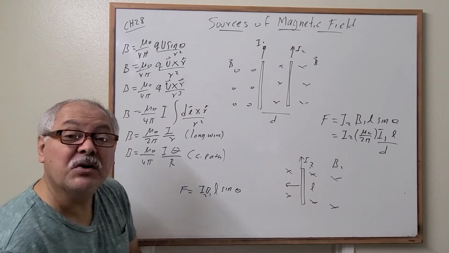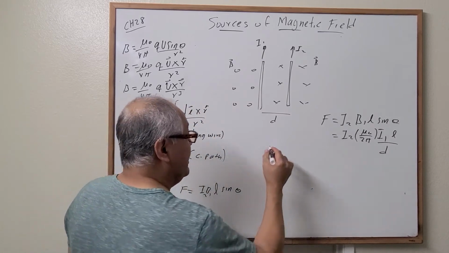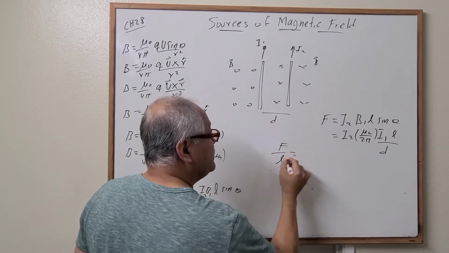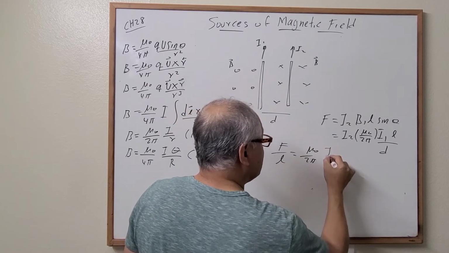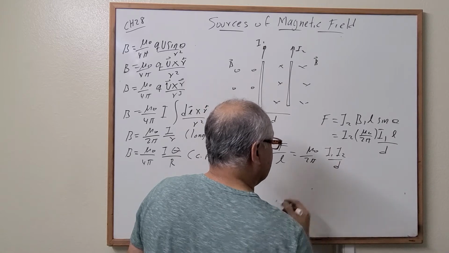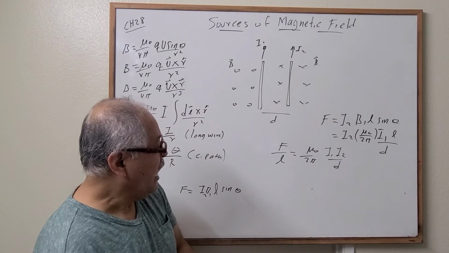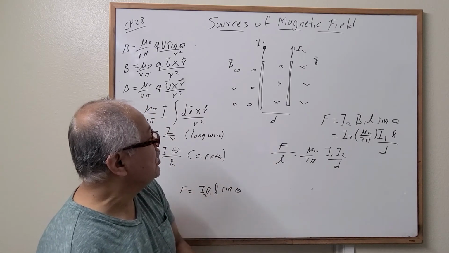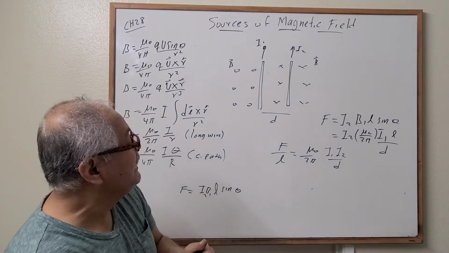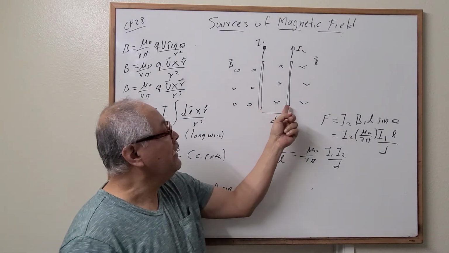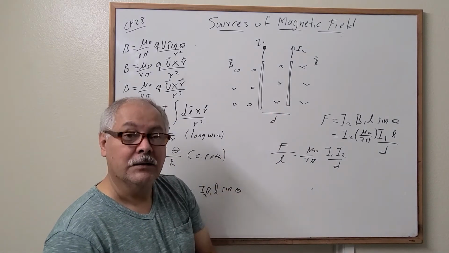Also, it's better to represent this equation this way. The force per unit length is equal to mu naught over 2 pi times current 1, current 2, divided by D. In this case D is the distance between these two points, because we're looking for the force done on each wire or conductor.